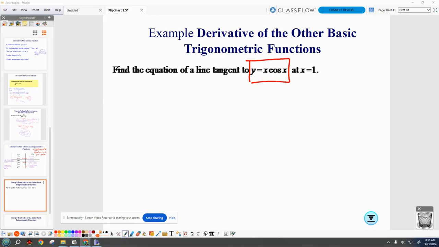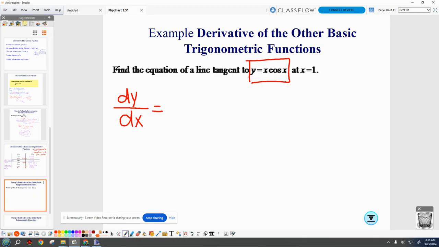Can someone do the derivative on the board for us to find the tangent line? Naomi? Just do the derivative. So is this a power rule, quotient rule, product rule, or something different?